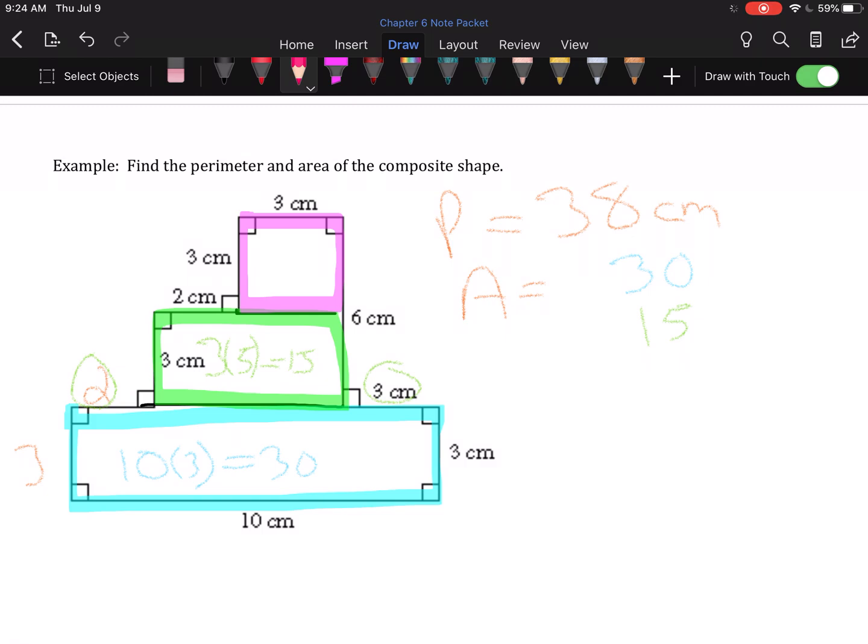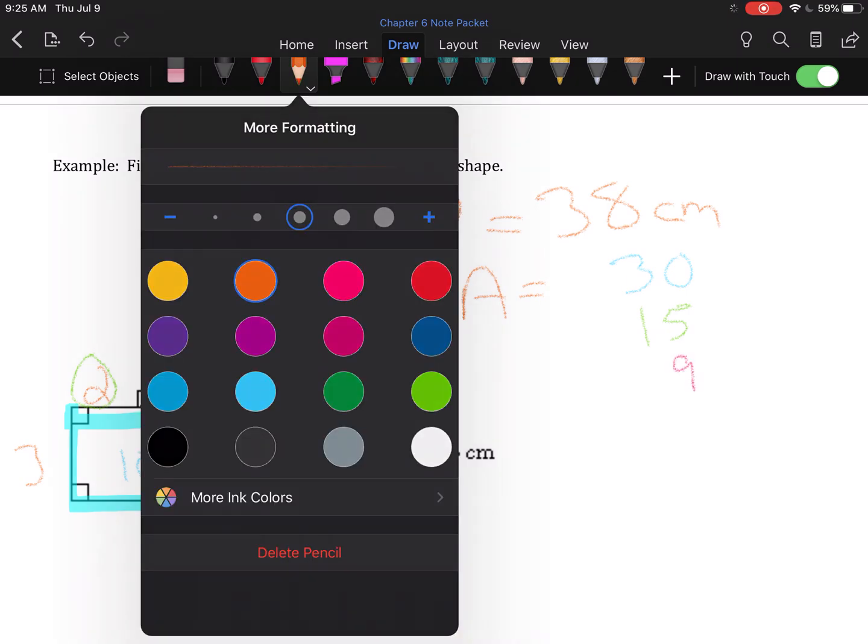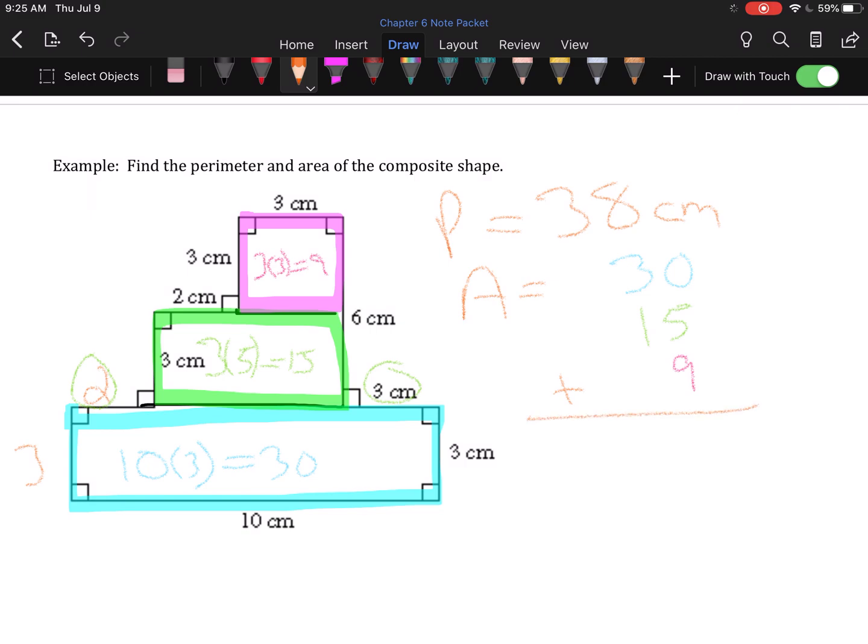And at the top here, I've got a 3 by 3 square. So that's 3 by 3, that means he's 9. So the area of the whole shape is just those 3 rectangles added together. 5 and 9 is 14, carry the 1. 1, 3, and 1 is 5. And our unit, 54 centimeters squared.